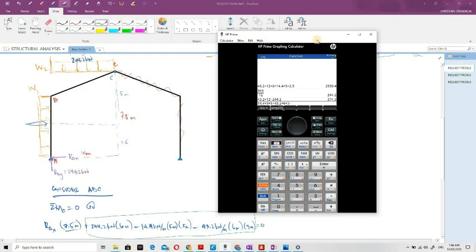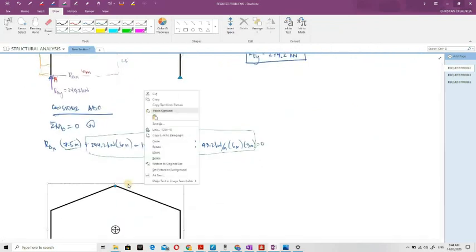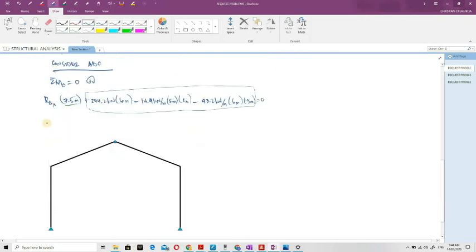Then magiging minus na ngayon yung 244.2 times 6. Okay. Then divided by 7.5. Okay, so nakuha natin ngayon is negative 43.68. So RAX is negative 43.68 kilonewton.